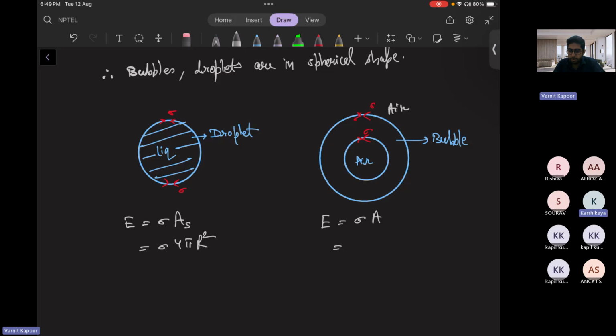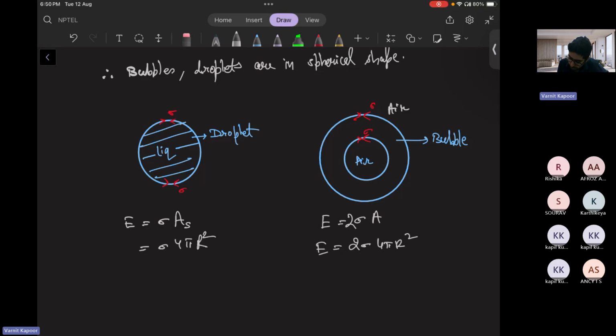Why? Sir, because there are two layers. Two layers, yes, correct. There are two layers of interfaces. Inside is air and liquid, outside is air and liquid. So it will be 2 sigma into 4 pi r square.